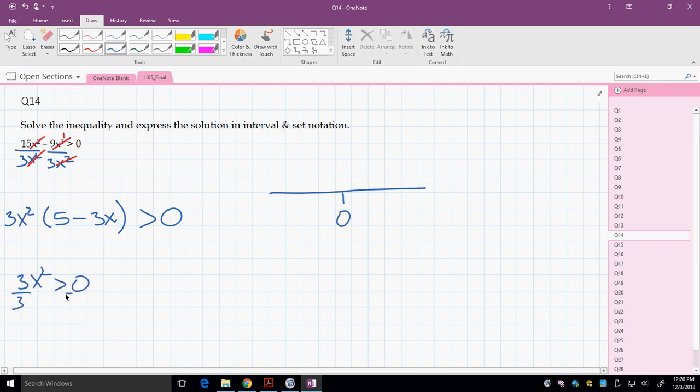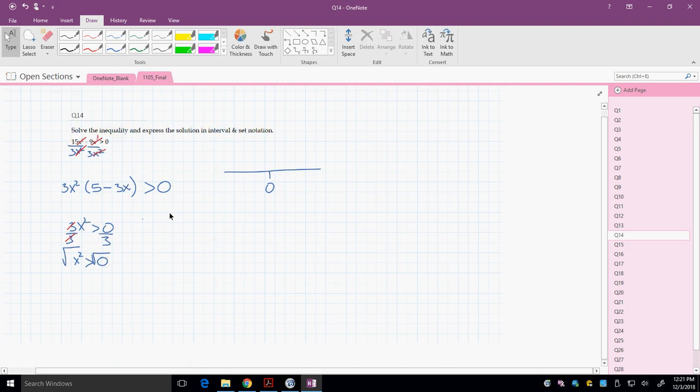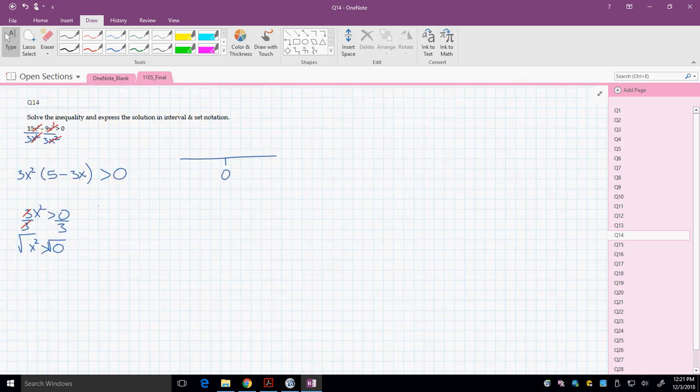So I divide by 3, divide by 3. 3 cancels, and now I have x squared greater than or equal to 0. If I square root both sides, square root of 0 is going to give me 0. So I have x greater than 0. So that's one of the points that I'm going to look for.